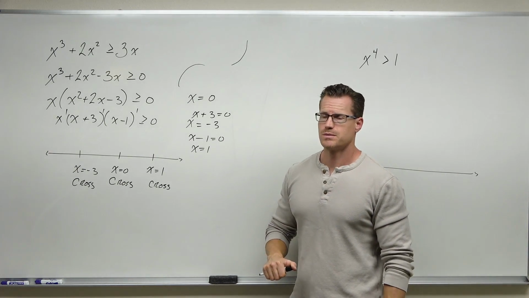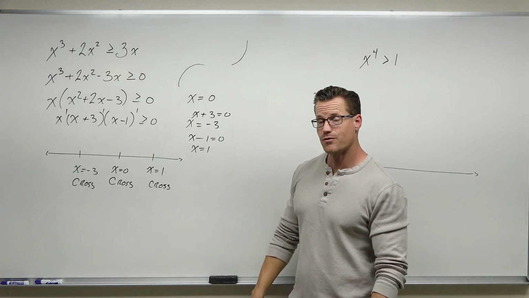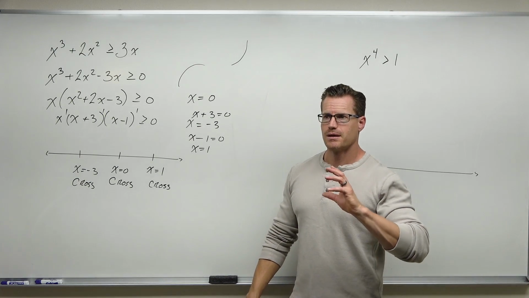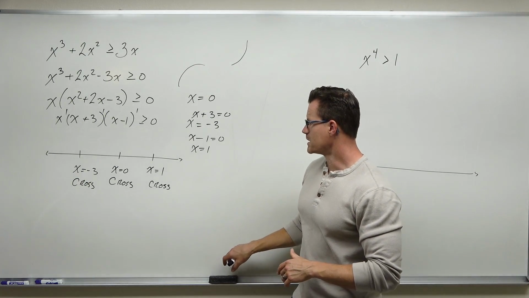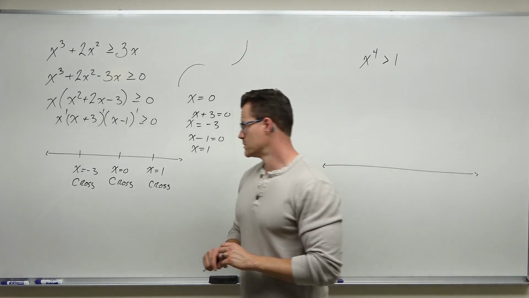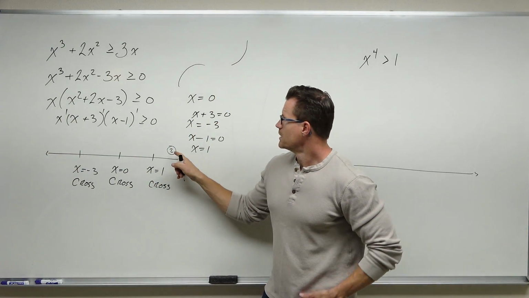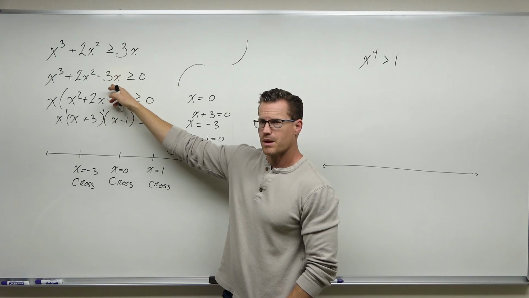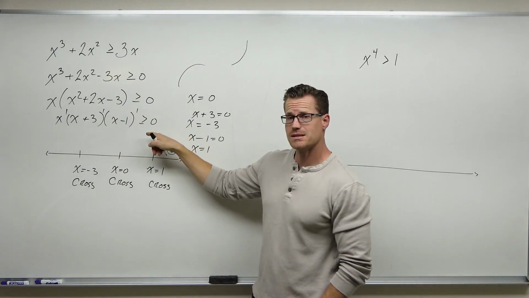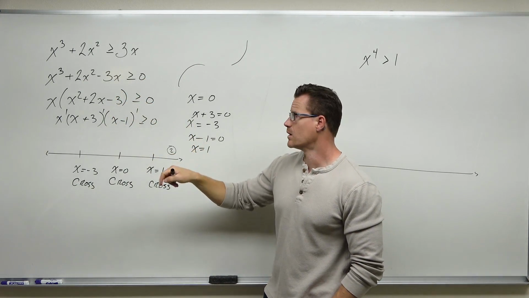I'd probably plug in 2. 2 seems like it's going to be the easiest one to plug in for me. So here's the second technique, and I'll show you the graphing technique. If I were to evaluate 2, plug in 2 here, because that has the 0 on it. That's what we need to know.